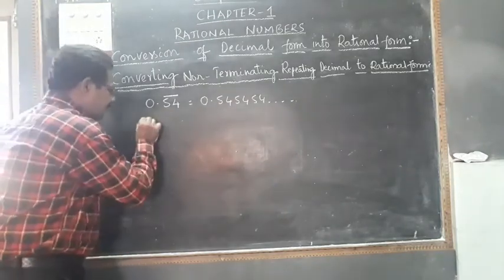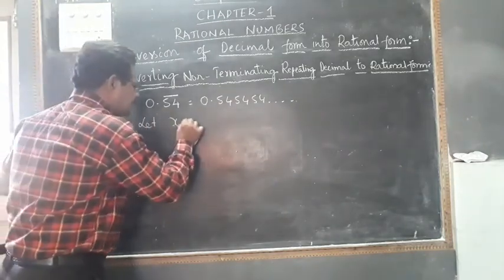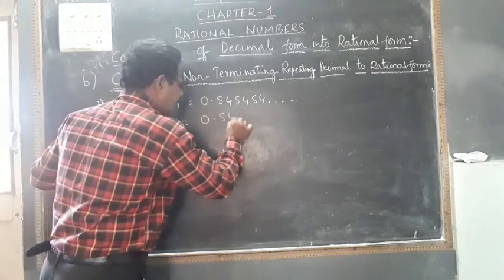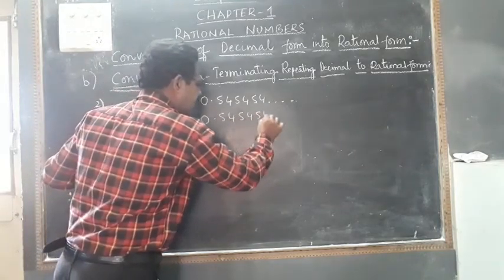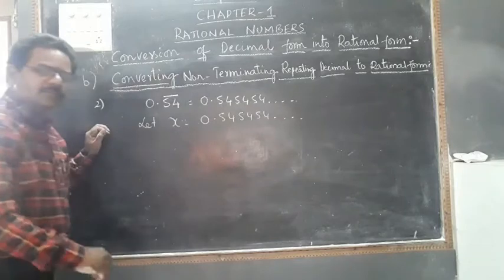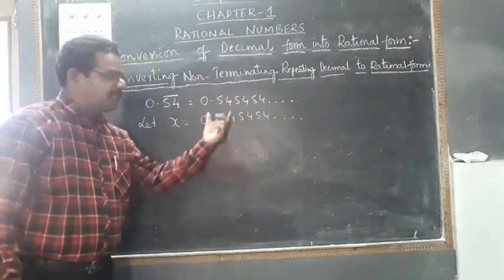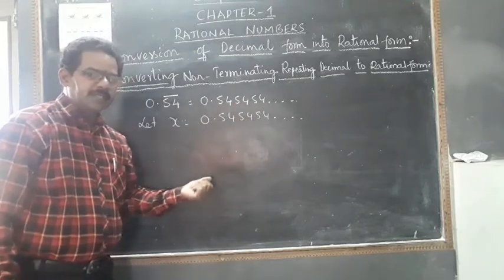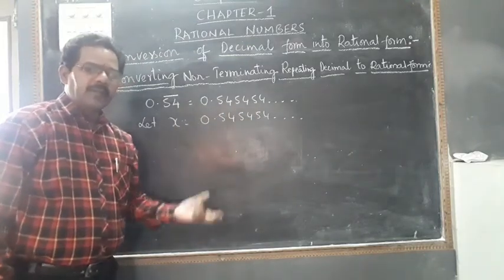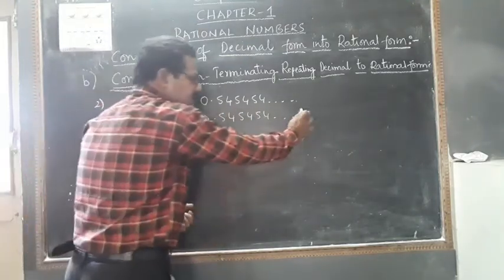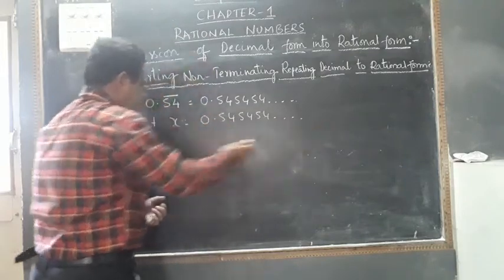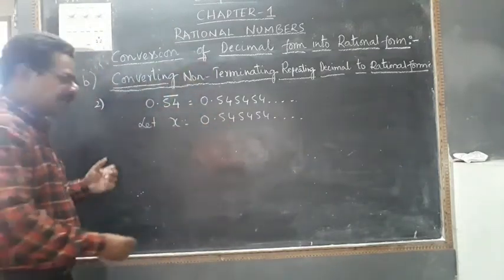For this also, let x is equal to 0.545454 up to so on. This is x. So two digits are repeating, and depending on the periodicity, we have to multiply and divide with 100. That 100 you have to bring to this side.